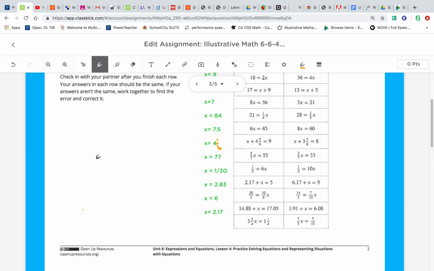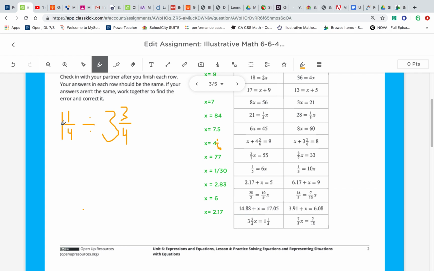So we need to take 1 1/4, and we're going to divide that by 3 3/4. So let's see what this is going to be like here. Remember that when we are doing calculations with mixed numbers, I recommend that you go ahead and switch these to fractions to make them easier to work with.